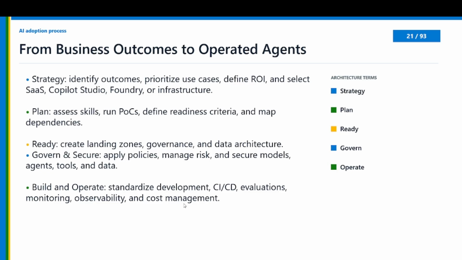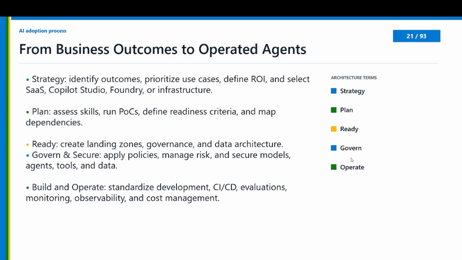Then also manage costs on Azure if you are using Azure, or use observability metrics to track token usage and manage cost. Very, very important. So the architecture terms you should look at here are strategy, plan, ready, govern, operate.